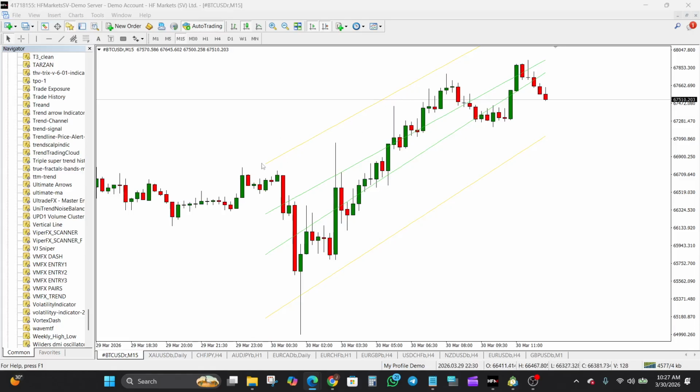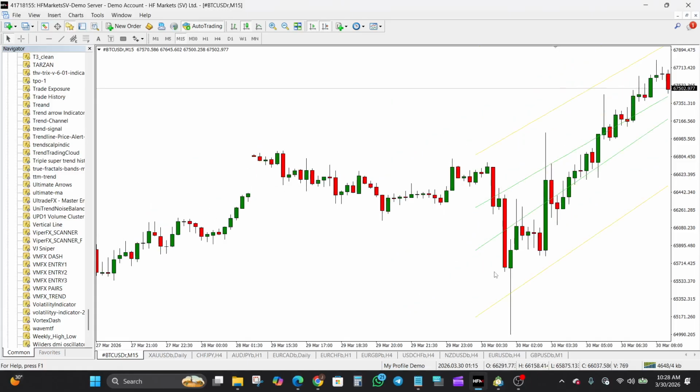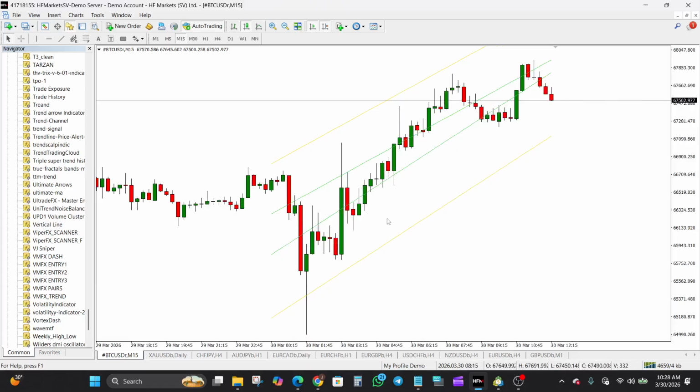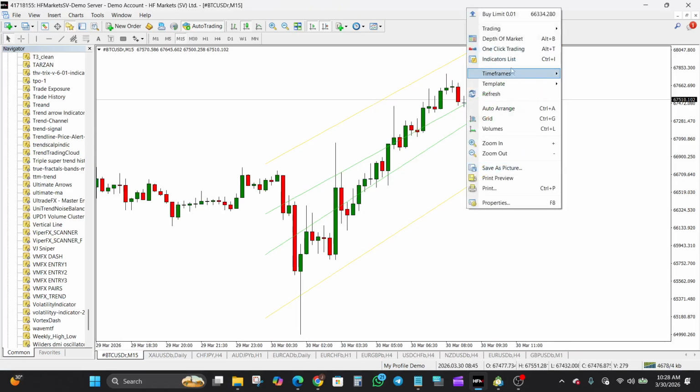The upper channel trend lines are for the higher highs and lower highs, and the lower channel's trend lines are for the higher lows and lower lows, depending on the direction of the trend. Because in this bullish case, we can see that these are higher highs and these are higher lows.